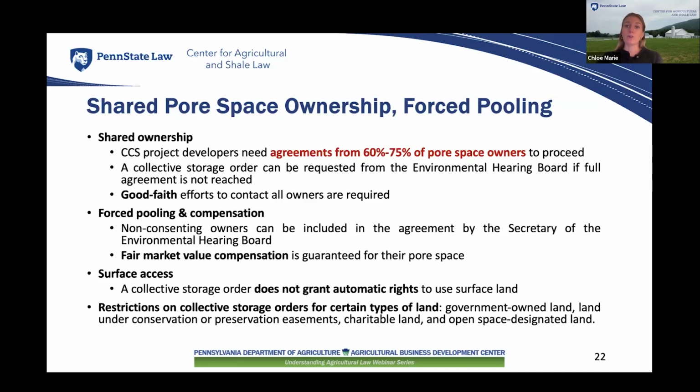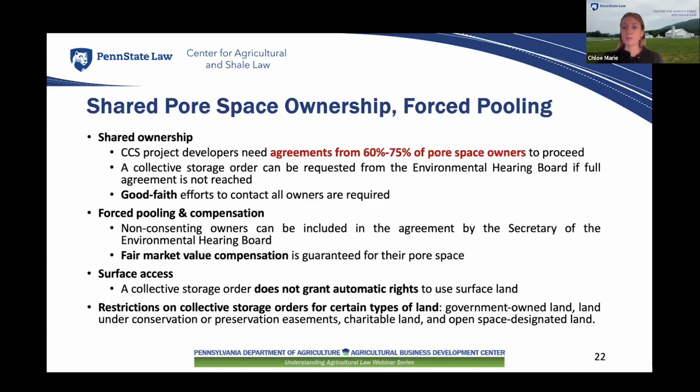They can apply for a collective storage order from the Environmental Hearing Board as long as they have made a genuine effort to contact all the owners. If some pore space owners cannot be found or their contact details are unknown, the law assumes they have agreed to the use of their pore space, again, as long as the developer has made the necessary good faith efforts to reach out to all owners.